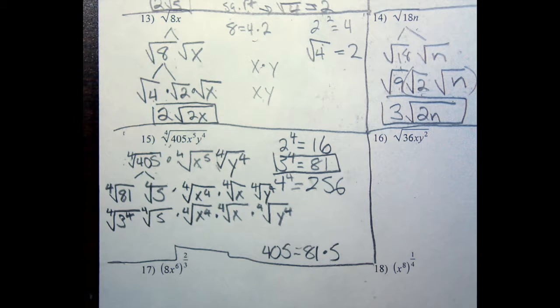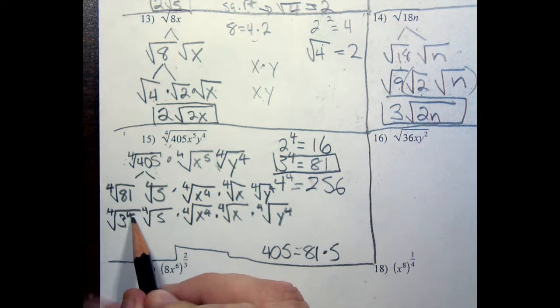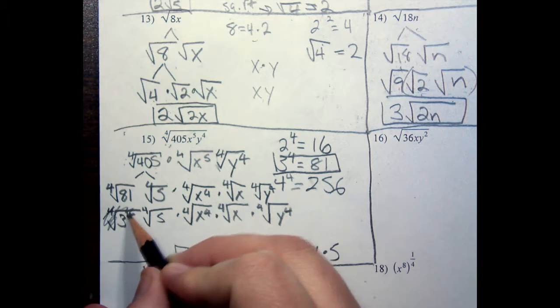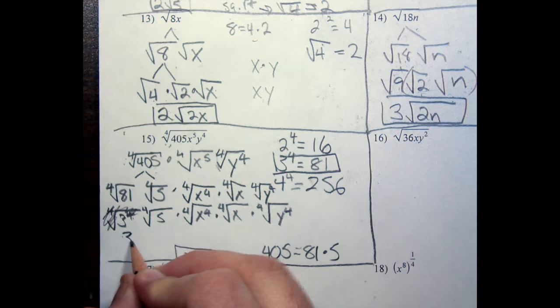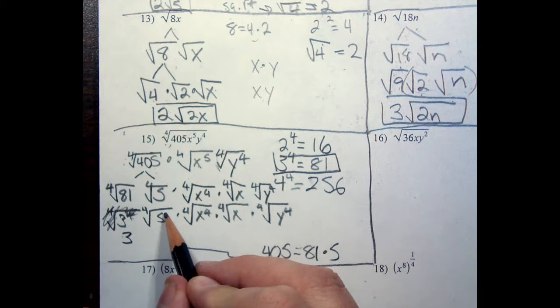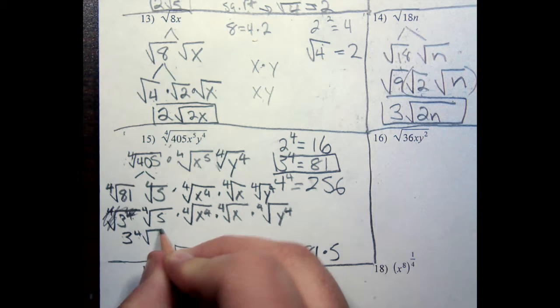Now you're going to look at that and go, oh my god, that looks confusing. But I wrote it that way on purpose because when you take the fourth root of something raised to the fourth power, they kind of undo each other and you're just left with the base. So this becomes 3. Now this is 5 to the first power, so that doesn't undo anything, so that becomes the fourth root of 5.